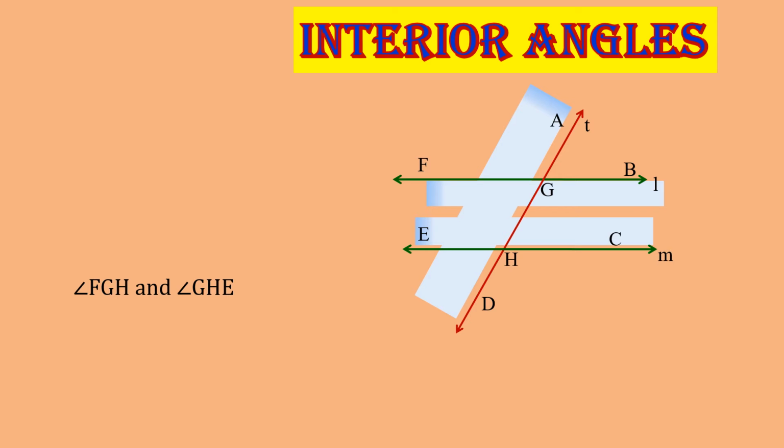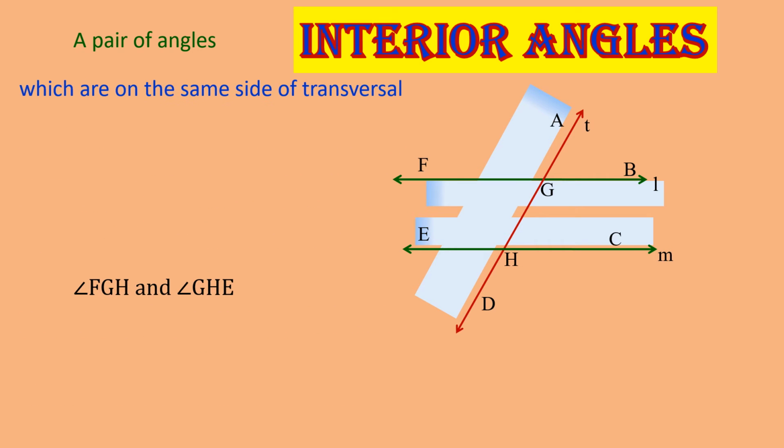So let us see the definition and find out whether these are interior angles or not. A pair of angles, so we have got two angles, angle FGH and angle GHE, which are on the same side of a transversal. That is true, both the angles are on the left side of transversal T, and inside the given lines; the two angles are between the lines L and M. See here, the shaded portion, we have the two angles which you have just seen.